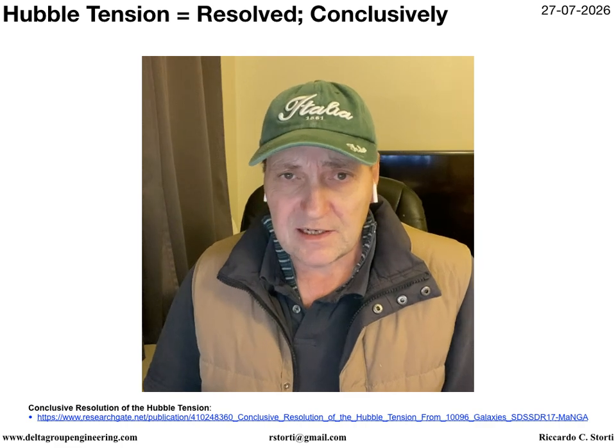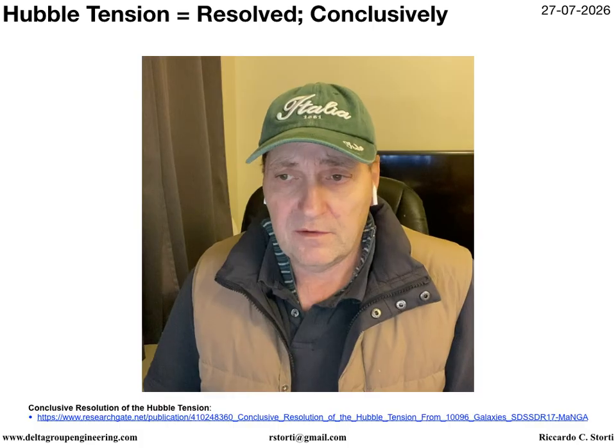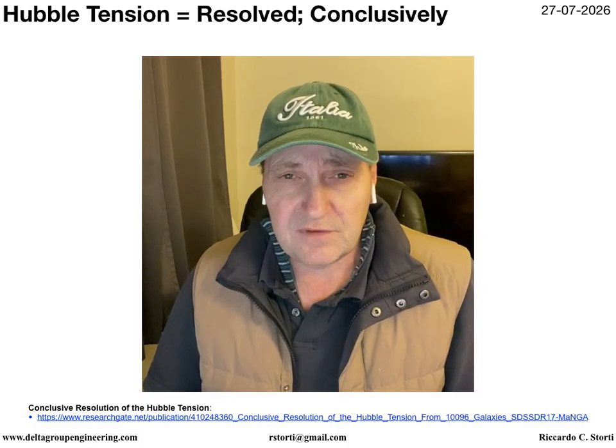Now, in 2008, the official particle data group value of the Hubble constant was 73 kilometers per second per megaparsec.